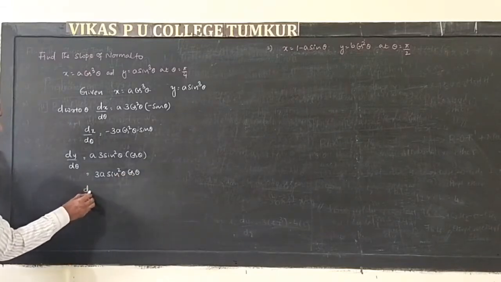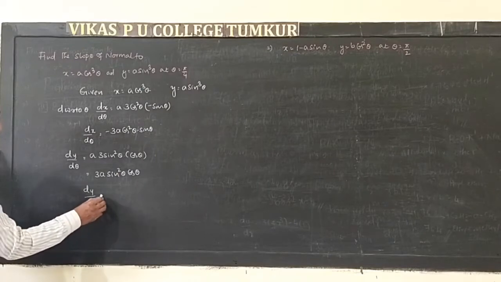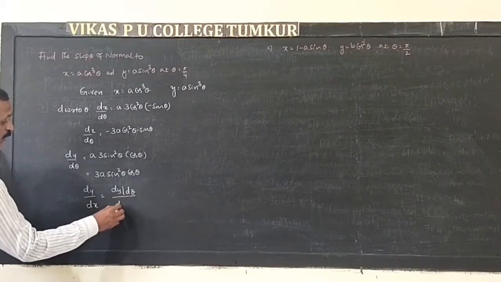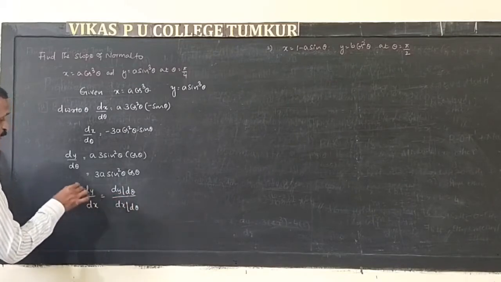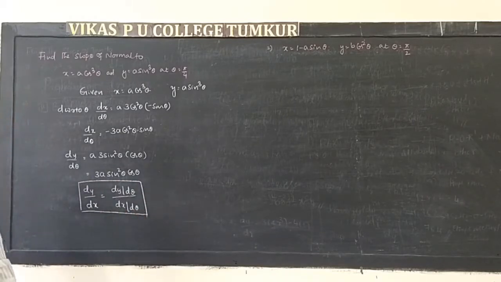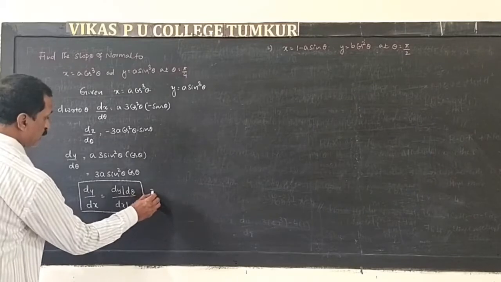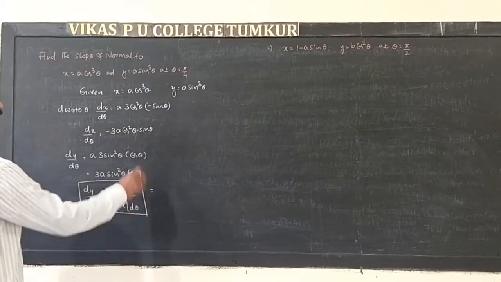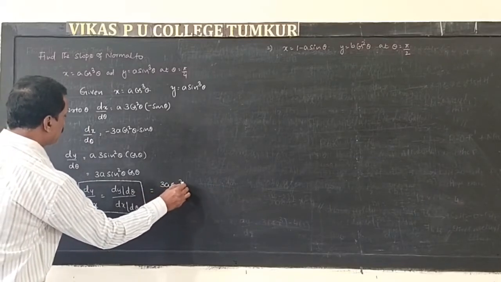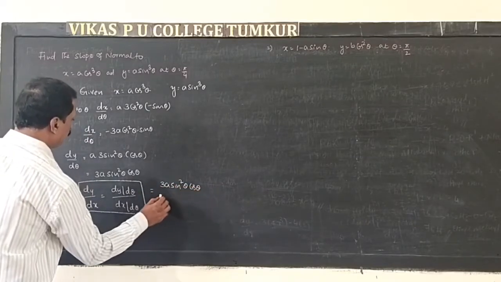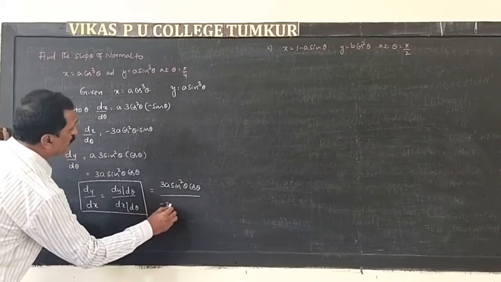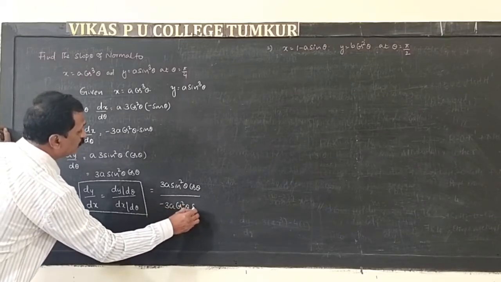What is your dy by dx? We know that by using parametric cases, dy by dx can be written as dy by d theta divided by dx by d theta. This is the parametric form of differentiation. So dy by d theta is 3a sin square theta into cos theta, divided by dx by d theta, which is minus 3a cos square theta into sin theta.